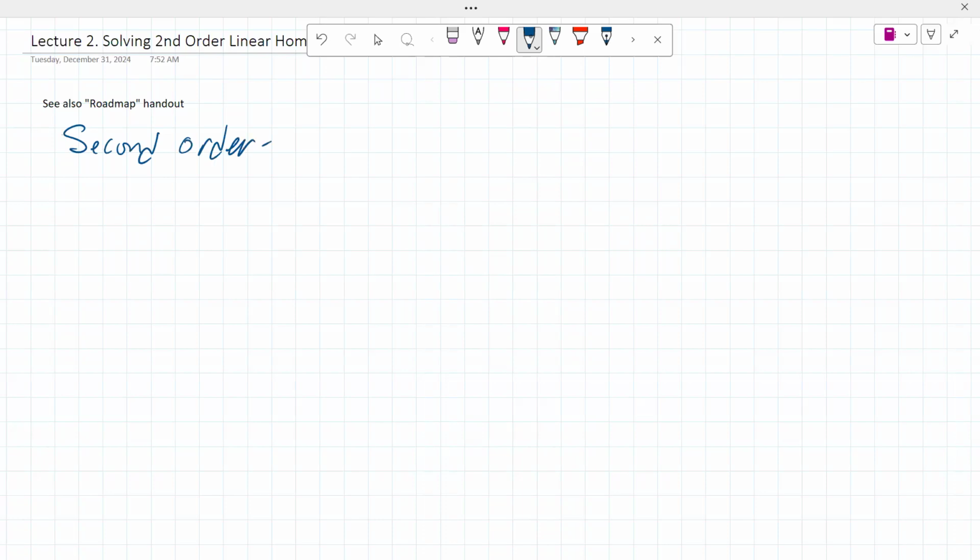This means the leading term will have a power of 2. In other words, it's going to have something to do with the quadratic equation, ax squared plus bx plus c. Do you remember this for the parabola? Parabolas are going to come up.